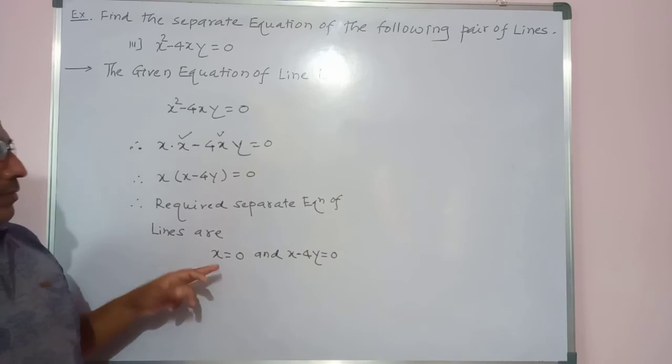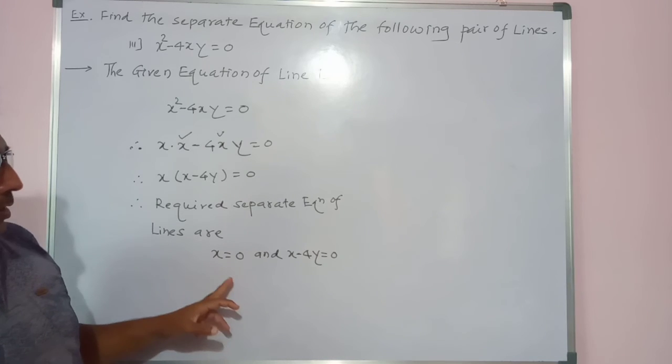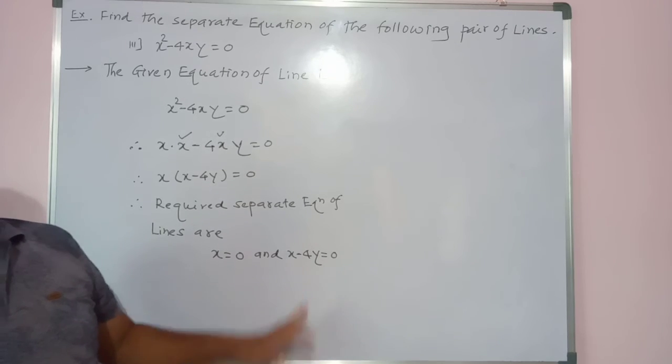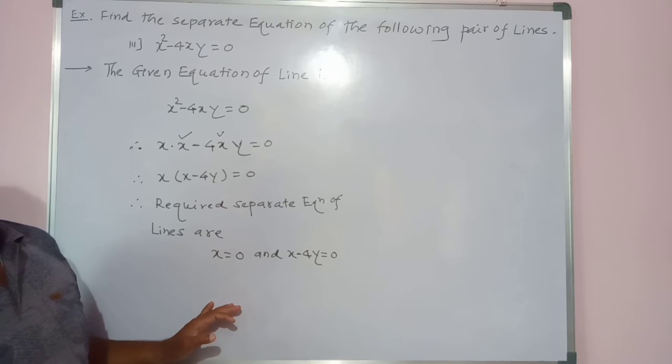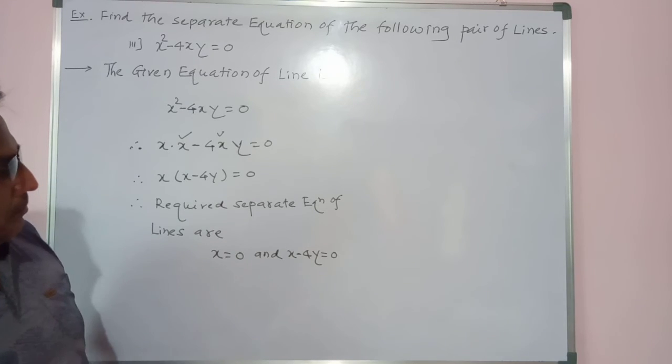There are two separate equations: first is x = 0 and second is x − 4y = 0. Okay.